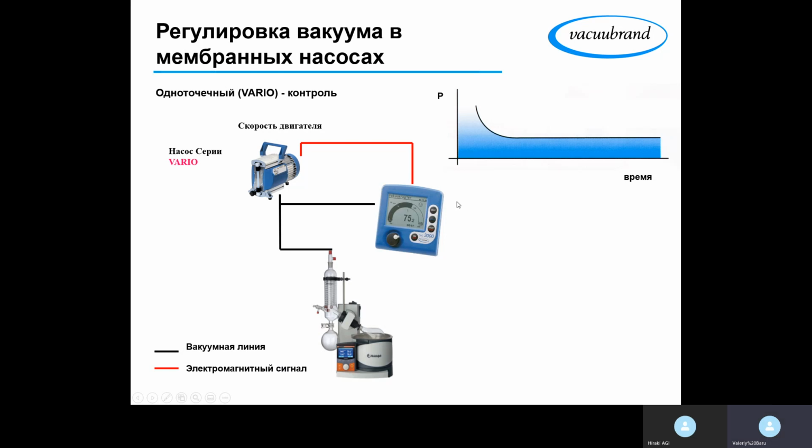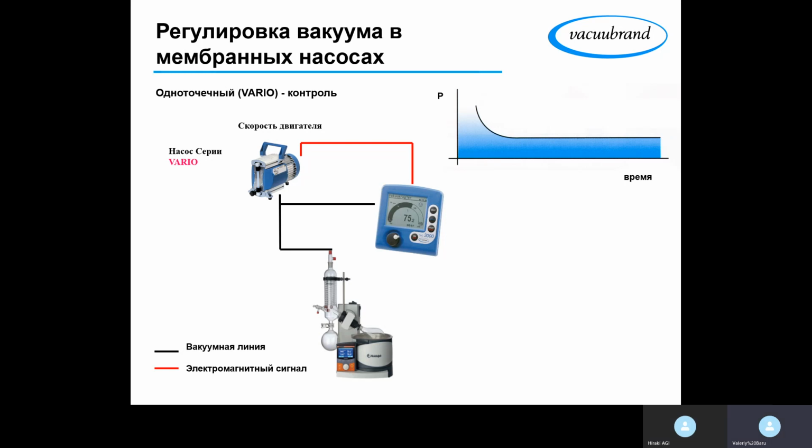And when it gets to 75 millibar, when your substance starts to boil, the vacuum pump will continue to run at a speed that will compensate the leak that we have in the system. You remember that we discussed the leak rate in the beginning. The idea of the compensation is that we already reached 75 millibar. We do not need a higher vacuum.